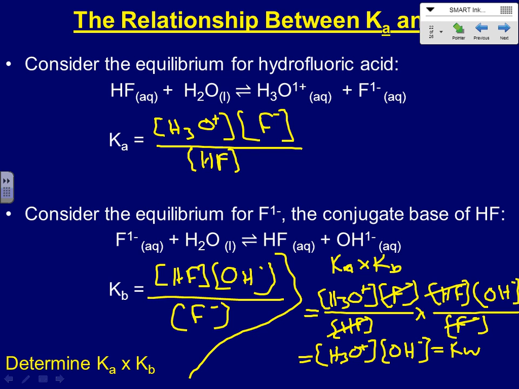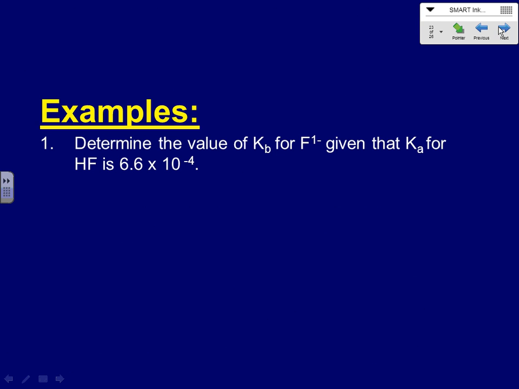So what that essentially means is that Kw is also equal to Ka times Kb for an acid and its conjugate base, or a base and its conjugate acid.